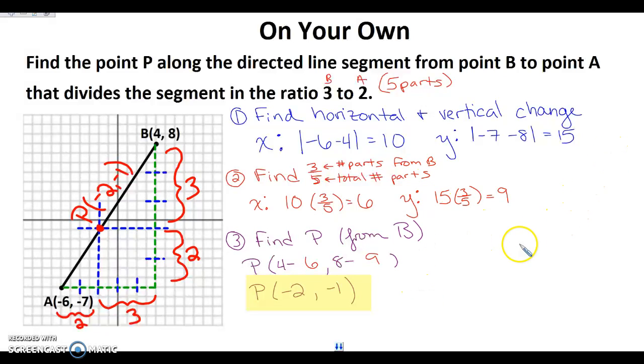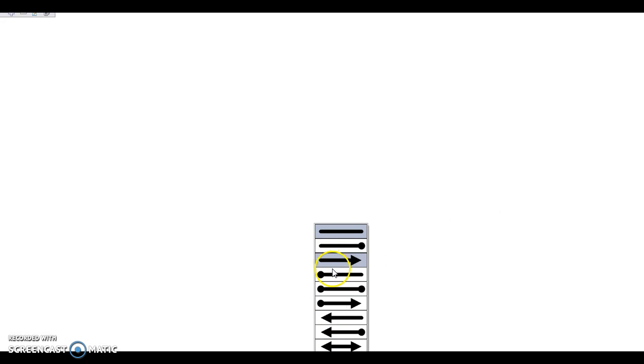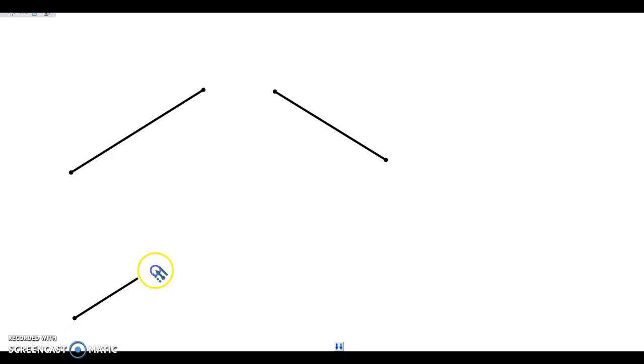Okay. I also was getting questions about how to tell whether you're adding or subtracting here. I want to show you guys something real quick here. If we are looking at segments A to B. Oh, I don't want that to be dotted. Hold on. Let me fix that real quick. Okay, so I'm going to look at segments that have a positive slope and a negative slope.